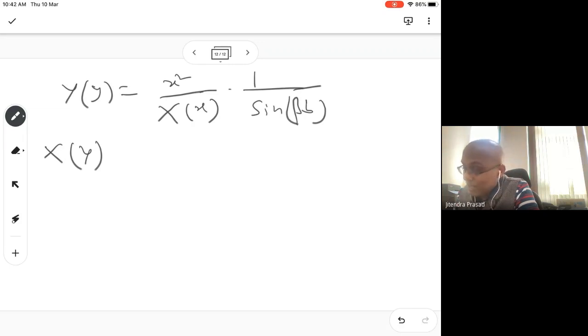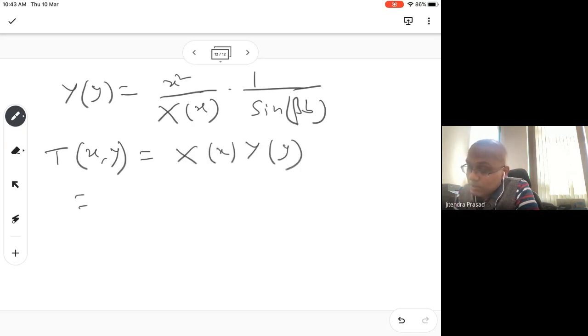So simply what we get is txy, and txy is equal to xx, yy, where xx is x square.